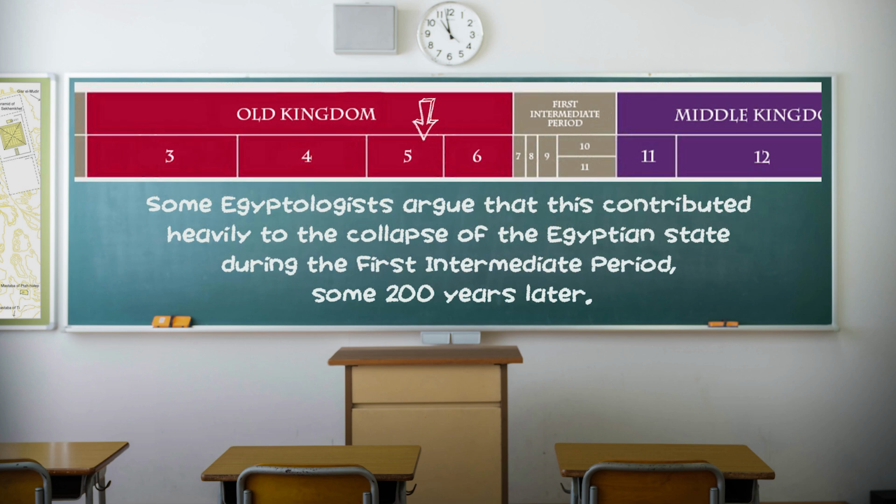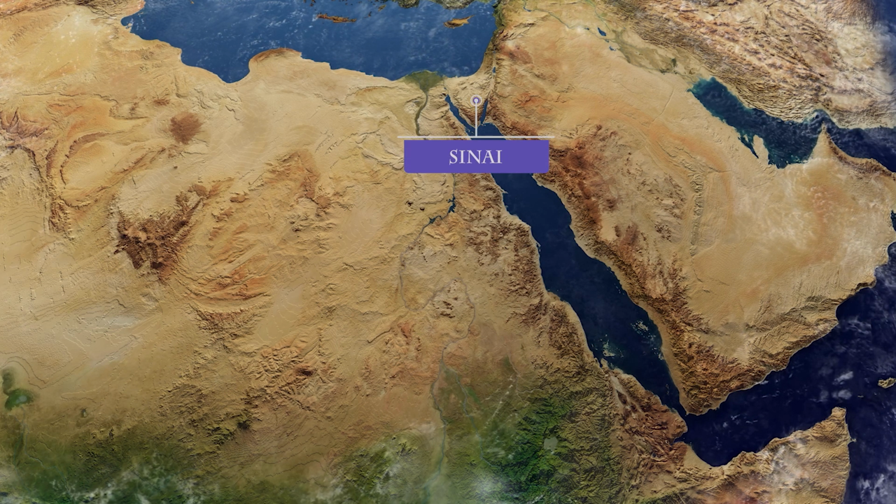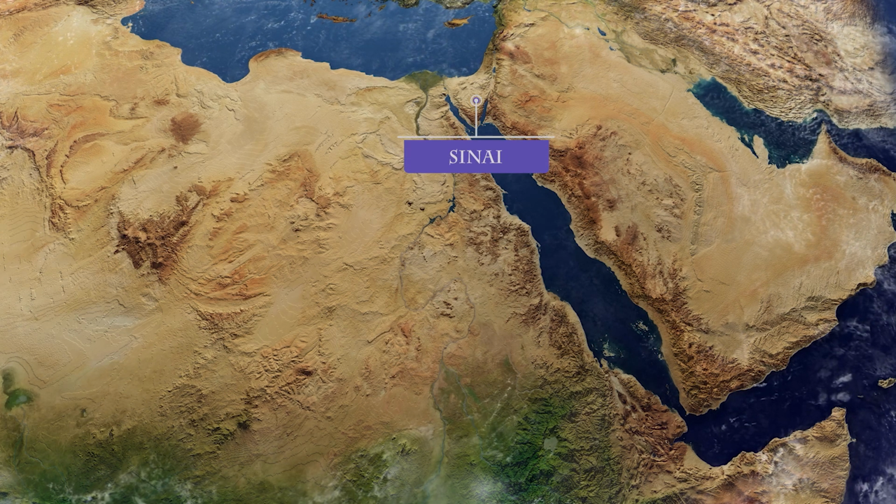Some Egyptologists argue that this contributed heavily to the collapse of the Egyptian state during the first intermediate period, some 200 years later.